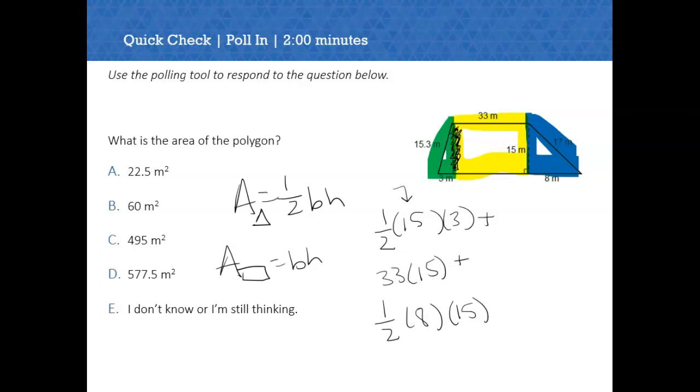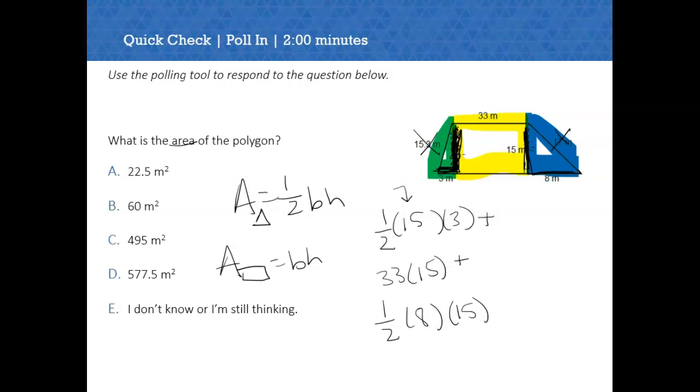So 1/2 the base times the height. The base and the height should make a 90-degree angle. So the height of each of these is 15. So I did not need these numbers when calculating the area.